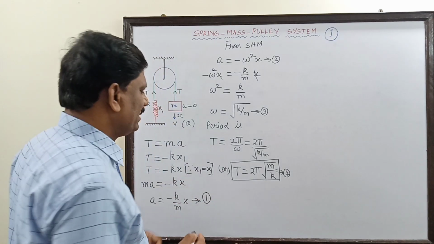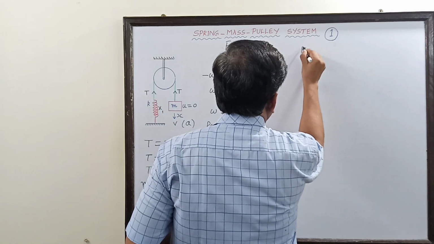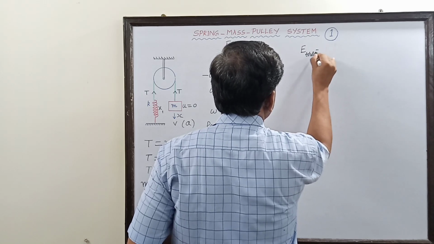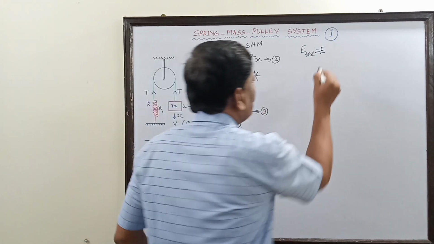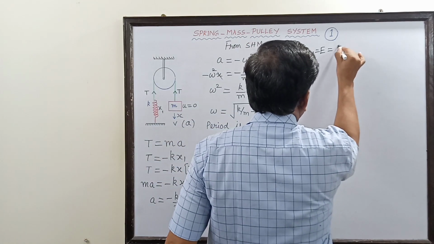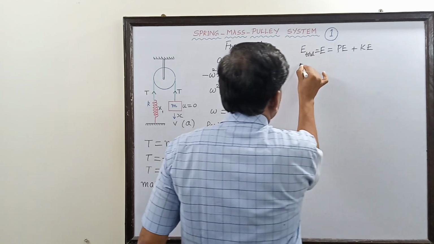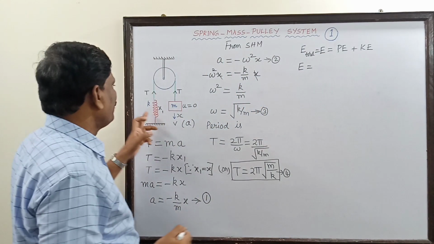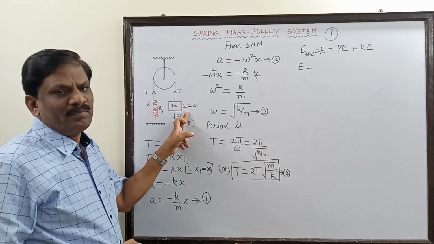So I start with the law of conservation of energy. The total energy, I will take the symbol E. So E must be equal to potential energy plus kinetic energy. So E is equal to potential energy of the spring plus kinetic energy acquired by the mass.